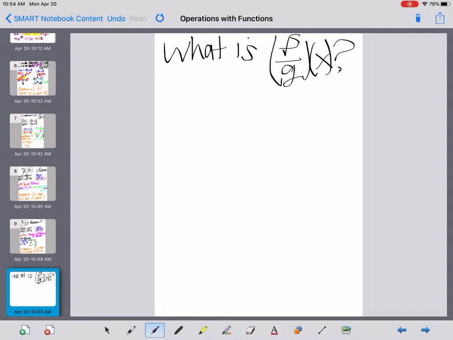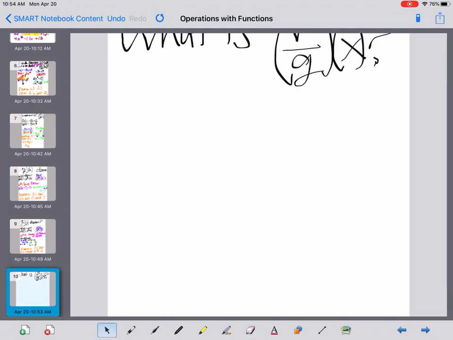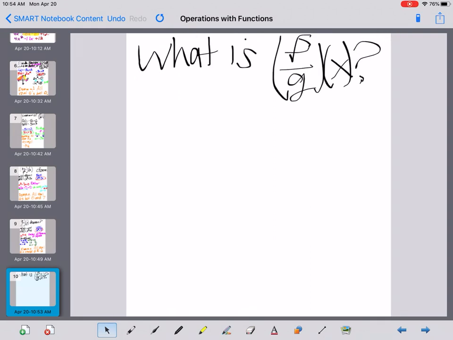It's not asking us what the domain is this time. It actually really wants us to divide it. So, we're going to do that. And really, it's not really any harder.